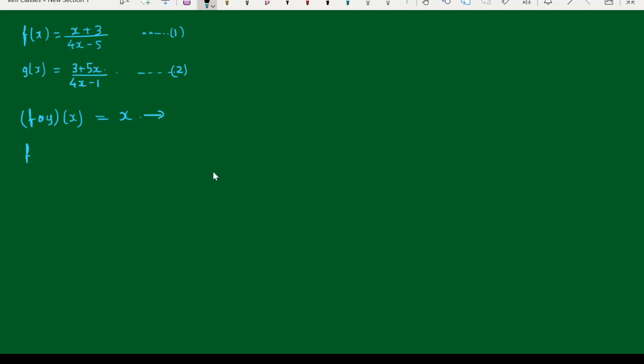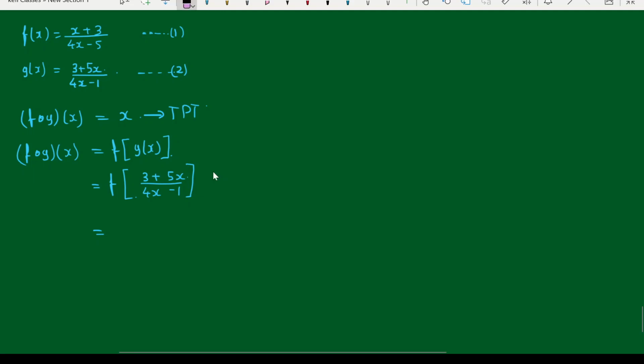You have to prove this. FOG of x is f of g of x, which is equal to f of g of x is how much? (3 plus 5x) upon (4x minus 1), which is equal to.